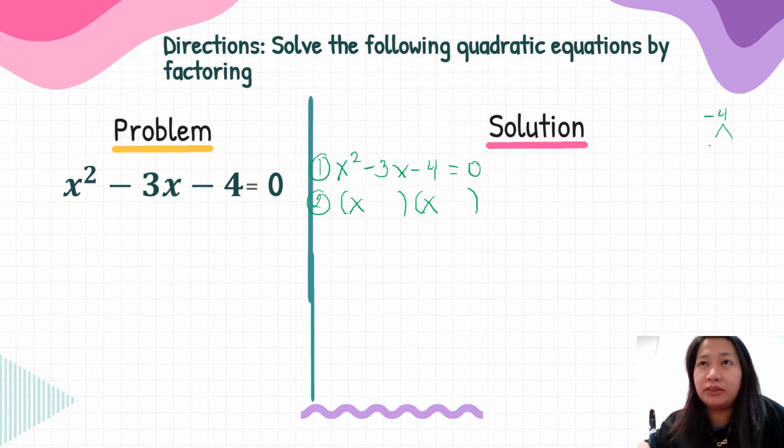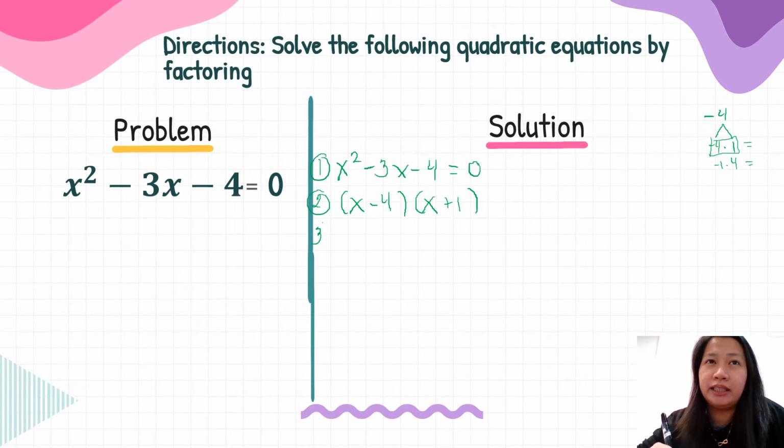So, what are the factors? Negative 4 times 1, negative 1 times 4. Alin po sa dalawa ang kapag inad mo ay negative 3 ang sagot? Very good. Ito po yun. So, negative 4 at saka positive 1. Ayan po yun ha. And we're done with step number 2.